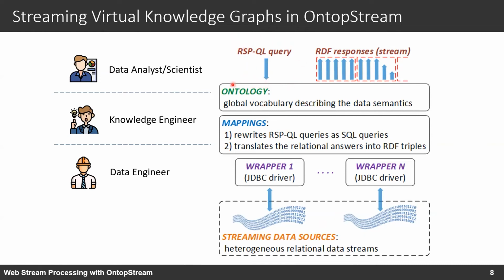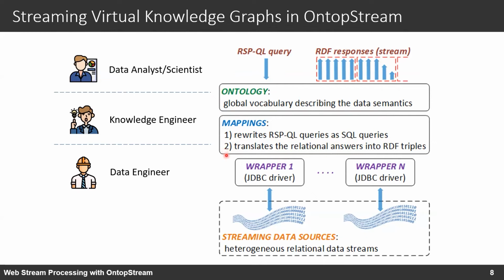This query is expressed over an ontological layer, so we have a vocabulary. Like for example, in the introduction, we have seen the color stream example where we have a vocabulary of colors. And the query over this ontological layer is then rewritten using a mapping engine, which is able to take the RSP4J query and rewrite it as a set of SQL queries. In particular, since we are dealing with Flink, this query will be rewritten in the Flink SQL query language.